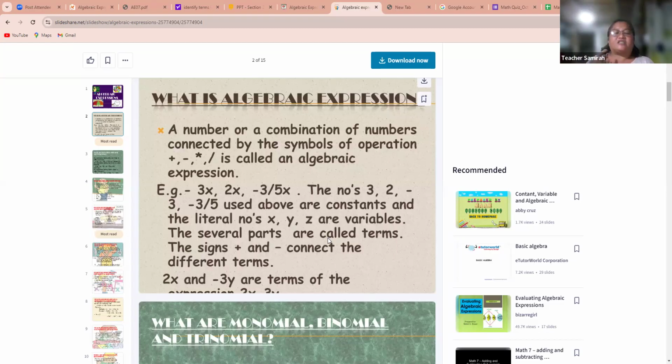The several parts are called terms. So negative 3x is one term, 2x is one term, and negative 3 over x is another term. Okay? The signs plus and minus, or addition and subtraction, connect the different terms, or in other words, positive and negative connect the different terms.